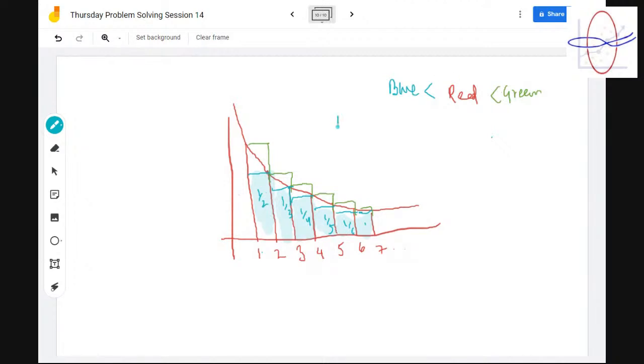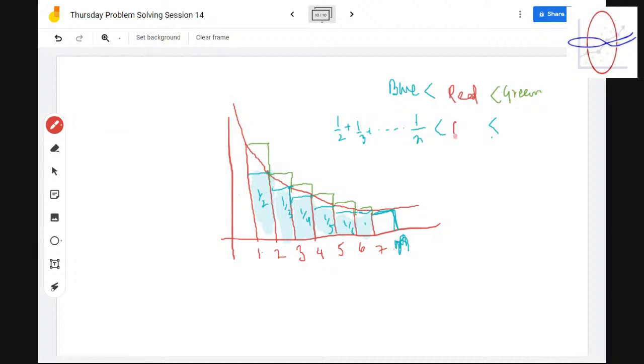So the blue region is 1 by 2 plus 1 by 3 plus dot dot dot, till n, it will be 1 by n, less than red.